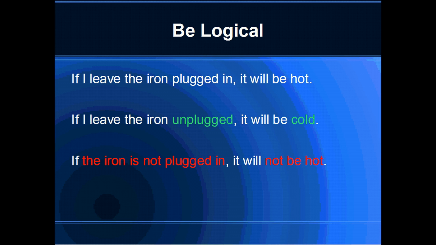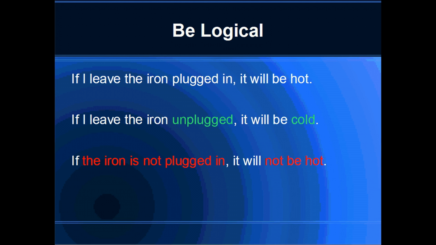The key term in the antecedent is plugged in. If you were to make that term contrary, you would have, if I leave the iron unplugged, it will be cold, and cold is the opposite of hot. So to make terms contrary, you're making them opposite to what they originally were.